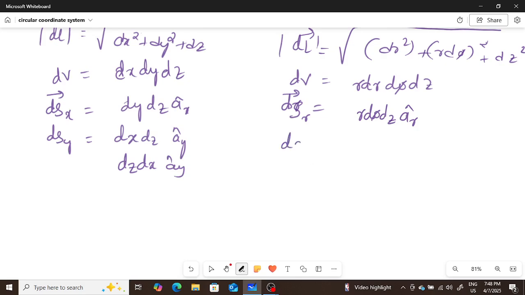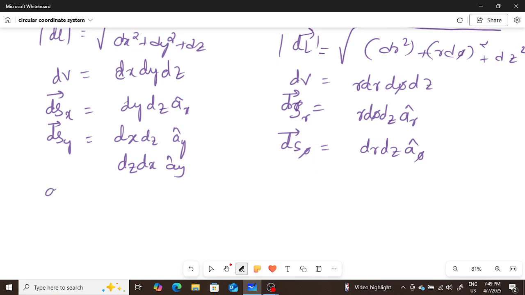Next is dsφ, differential surface area normal to φ direction. So skip φ, the left are dr and dz. This is the logic I am telling you to remember the formula. This is not the mathematical derivation. Okay.